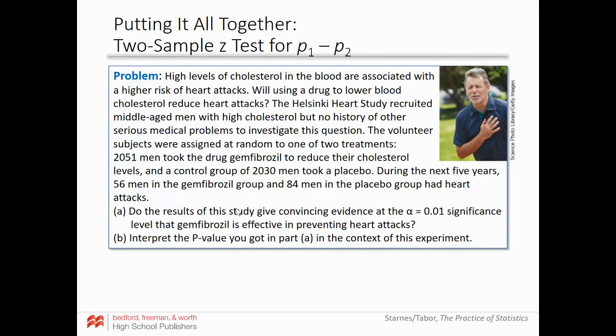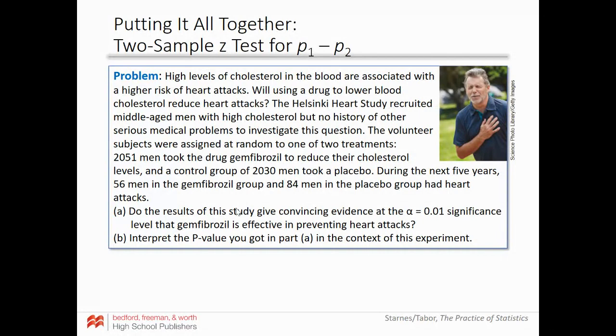So here is another example. High levels of cholesterol in the blood are associated with a higher risk of heart attacks. We will use a drug to lower blood cholesterol and reduce heart attacks, and we're asking, does this drug reduce heart attacks? The Helsinki Heart Study recruited middle-aged men with high cholesterol but no history of other serious medical problems to investigate this question.